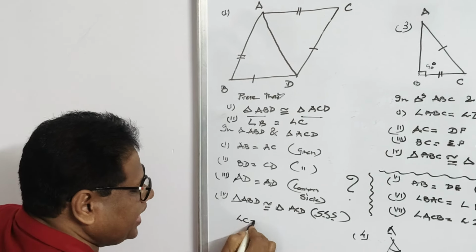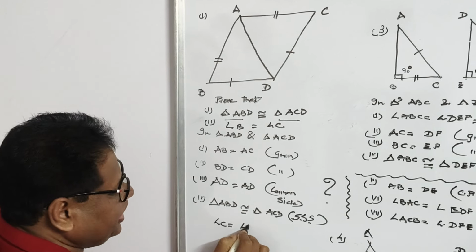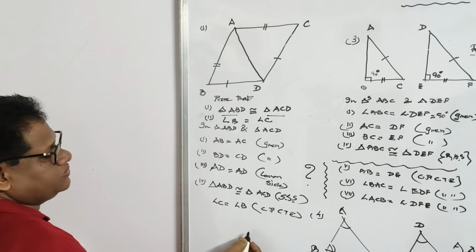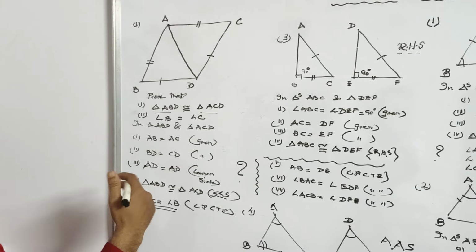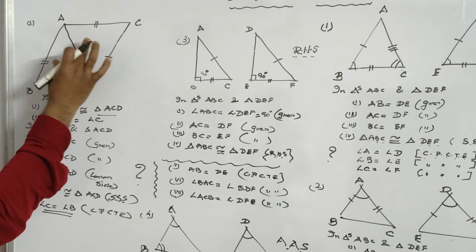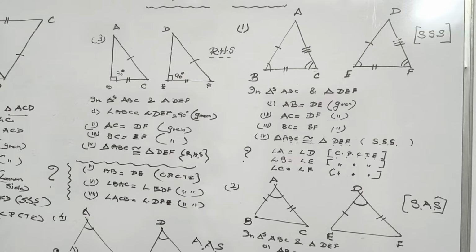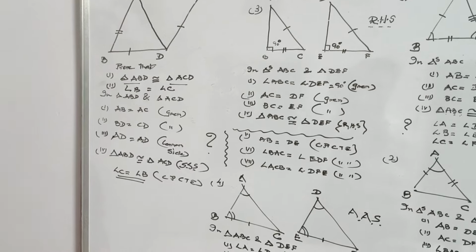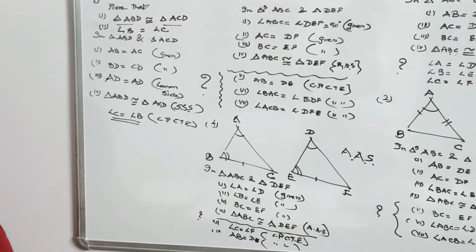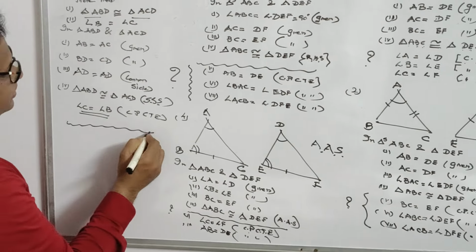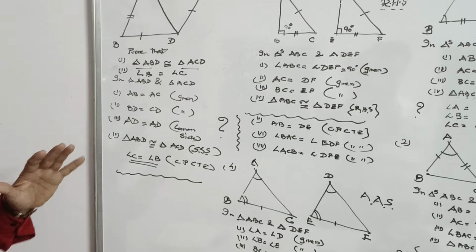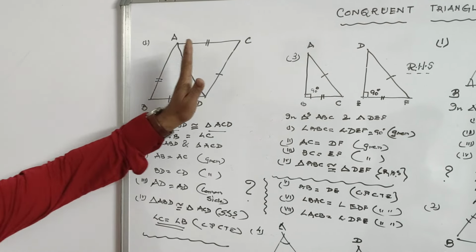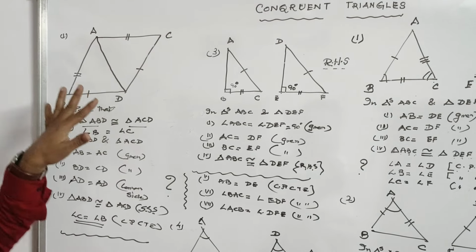So you write angle C equals angle B by CPCT, because these are the remaining angles of the two triangles between which you have proved congruency. After congruency, maximum three things may be asked. So search for the two triangles and go through the properties that are given. You might have one of these conditions already supported in the diagrams.